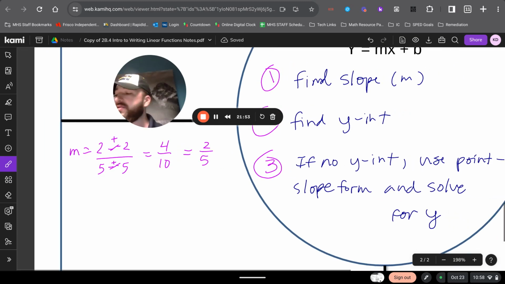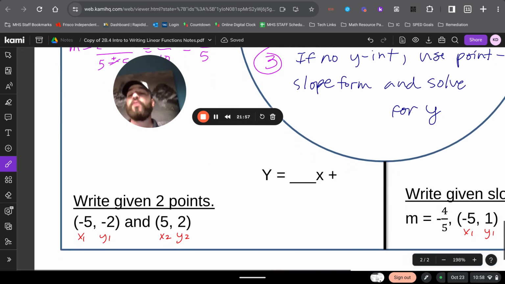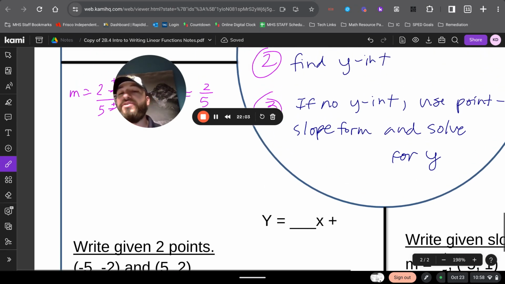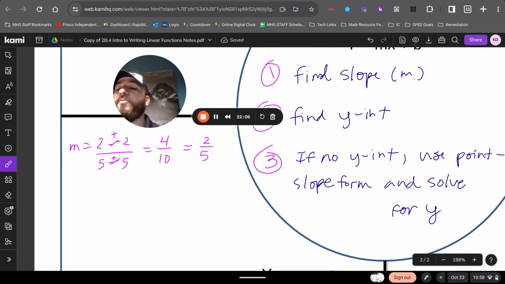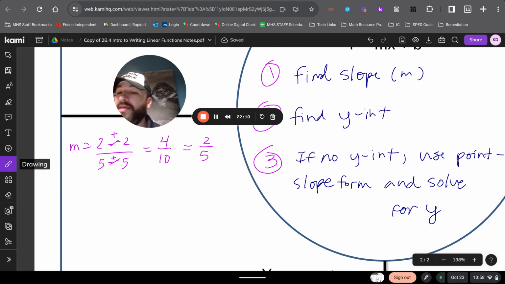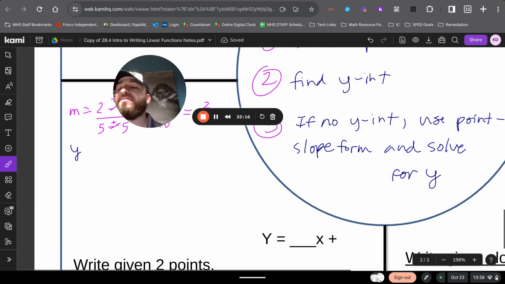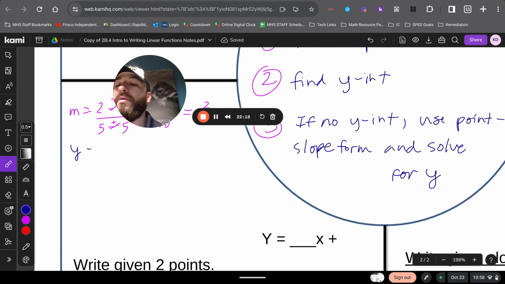So we found our slope. Now that we have our slope, we can actually use either of our 2 points for our point slope form. Let's just use that first one for our x1 and our y1, -5 and -2. And we're going to plug that into our point slope formula. So y minus y1, so y, and then because it is minus our y1, that minus -2 is going to make it into +2.